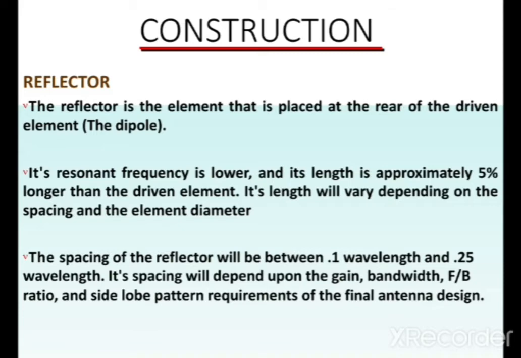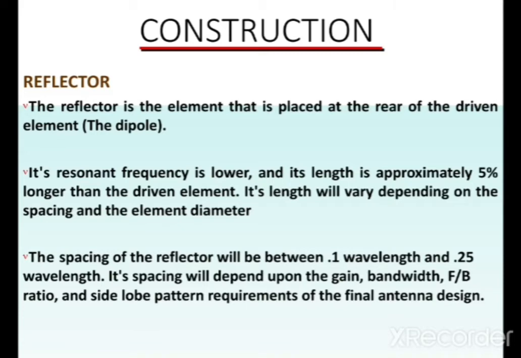The spacing of the reflector will be between 0.1 lambda and 0.25 lambda, that is, the spacing between the reflector and the driven element. And its spacing will depend upon the gain, bandwidth, front to back ratio, and side lobe patterns required of the final antenna design. So the spacing is very important, and may be varied.